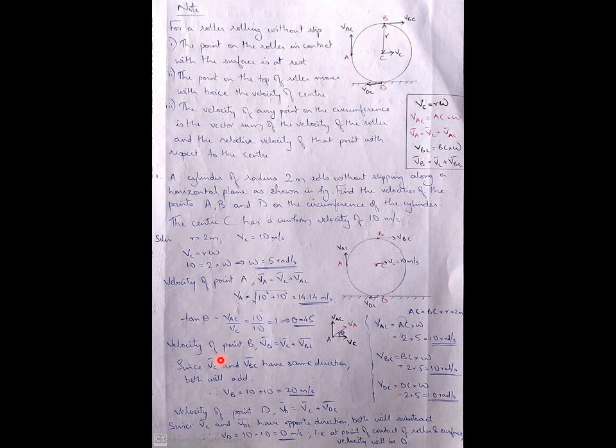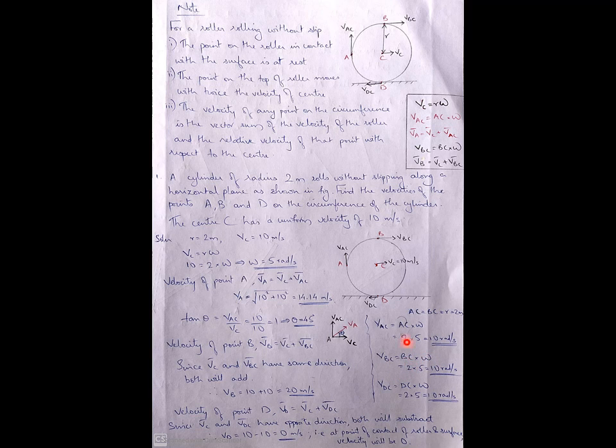Similarly, the velocity of point B. At point B, the vector addition is VC plus VBC. Now VC as well as VBC are going in the same direction. So we have to just add it, which means VC is 10. VBC, how to find VBC? It is BC into omega.